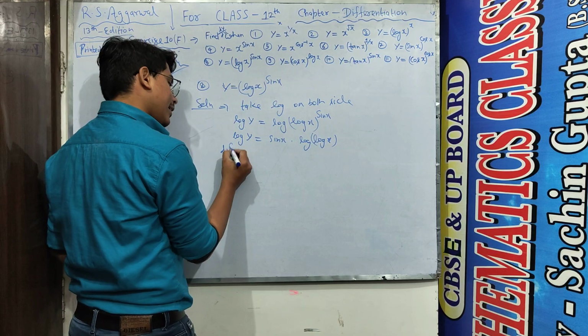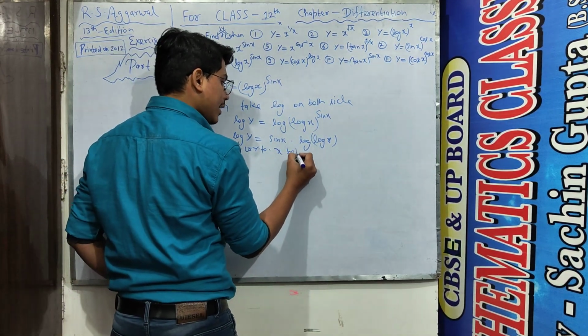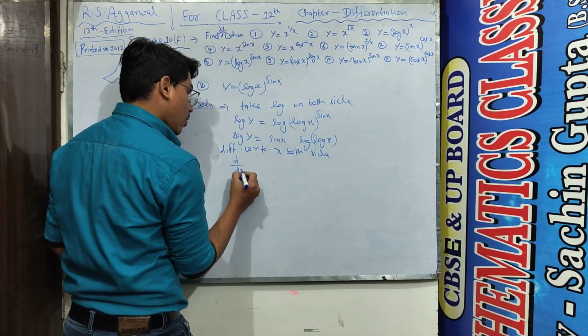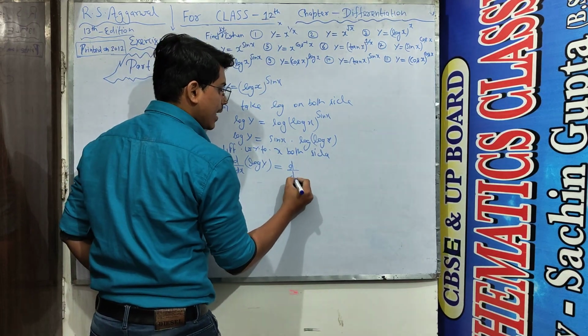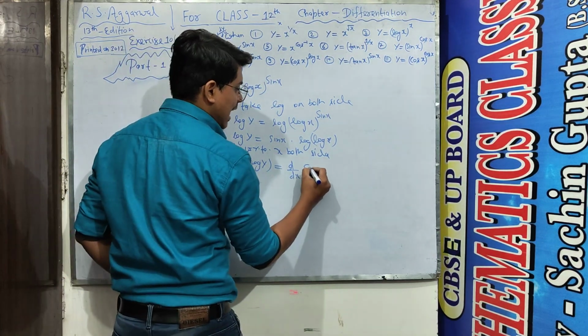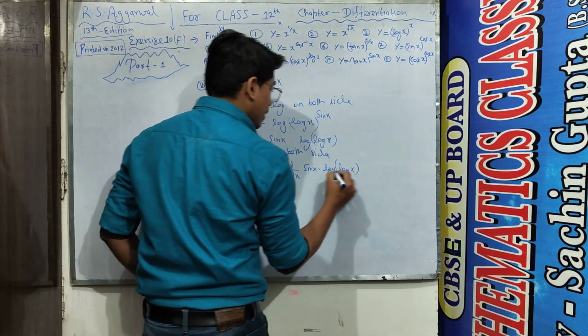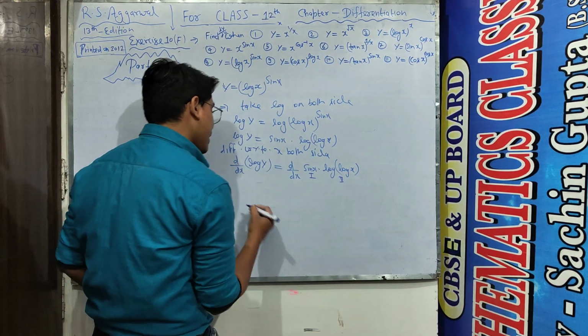Now we write differentiating with respect to x on both sides. So I write d by dx of log y equal to d by dx of sin x into log of log x. Here we apply the first-second rule. This is the first and this is the second.